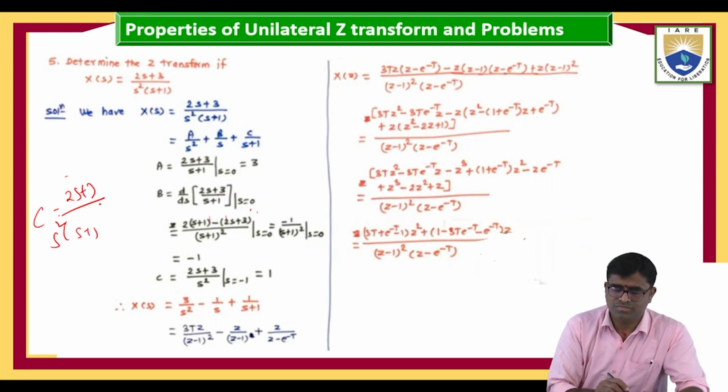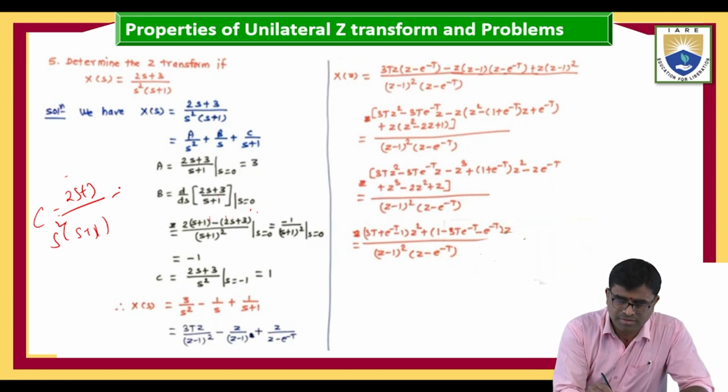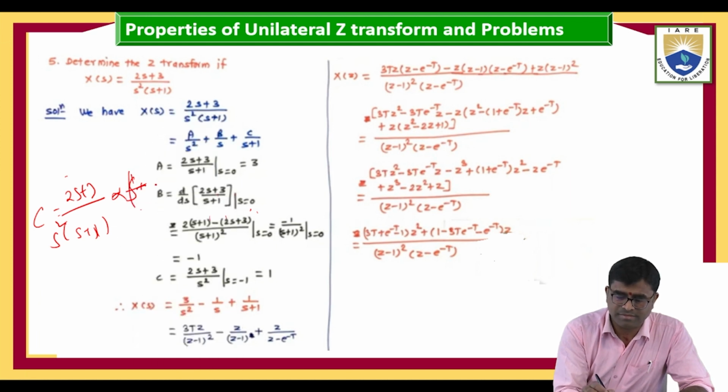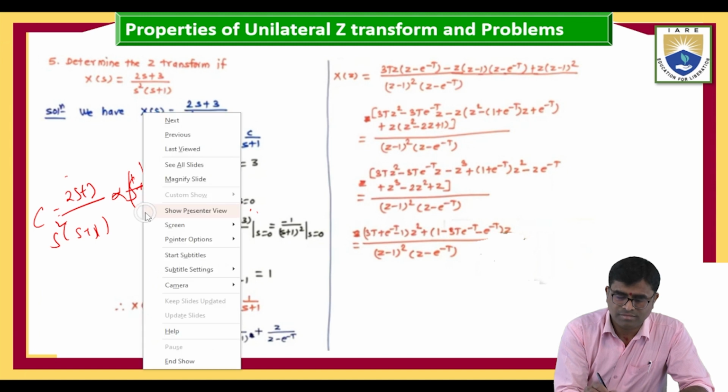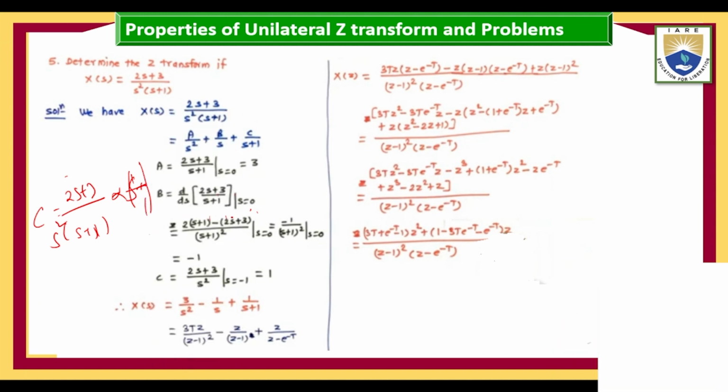This is for the C value now. What is the denominator value? S tends to minus 1. Up to these values here, so we got the value.